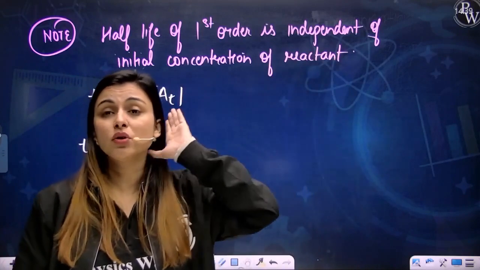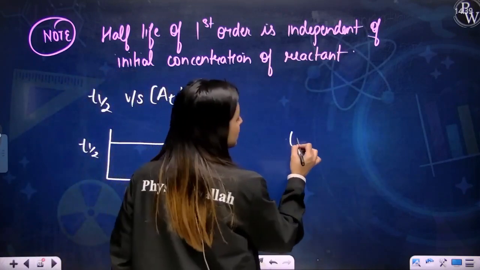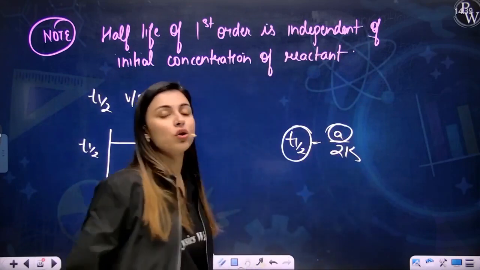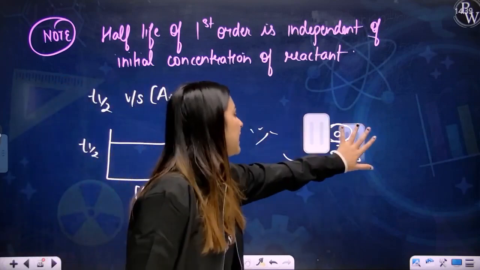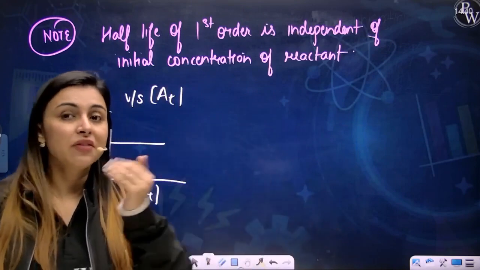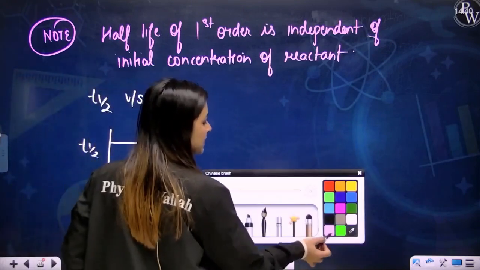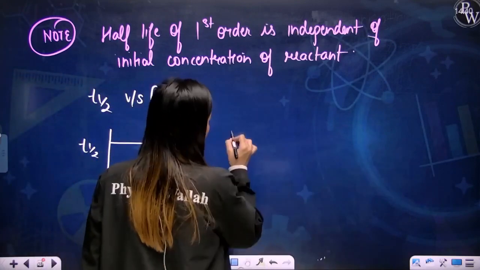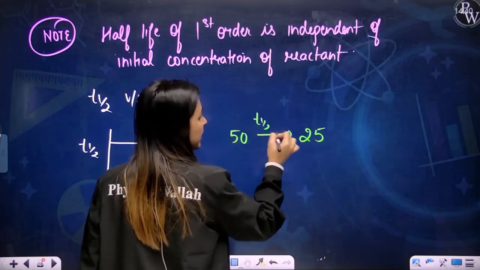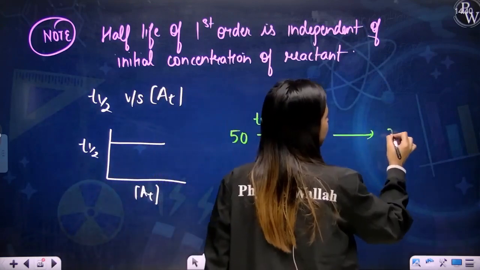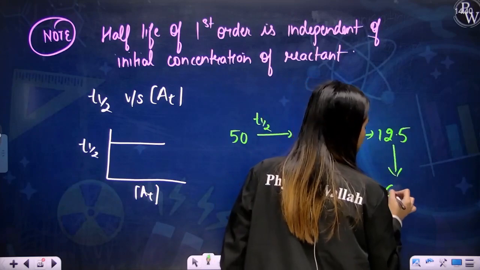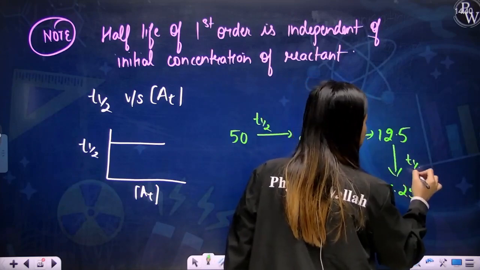Unlike if we talk about the zero order, the expression for zero order was A upon 2k. That is, it actually did depend on the initial concentration of the reactant, and that is the reason your half-life was changing again and again. But if we talk about a first order reaction, and let us say you have some 50 amount of your reactant, then the first half-life comes and it is 25, then again half-life, let's say it is 12.5, this is again t half, and let's say it is again 6.25, this is again t half.